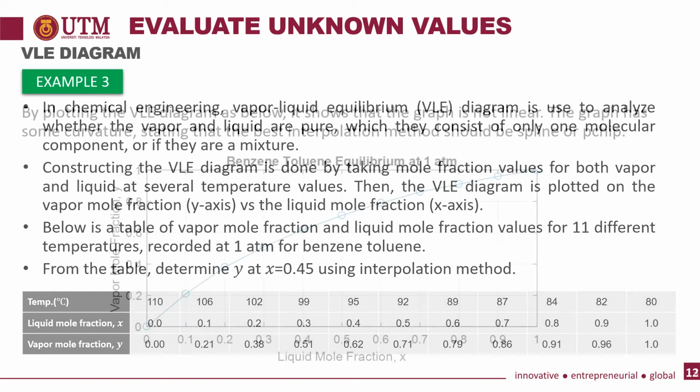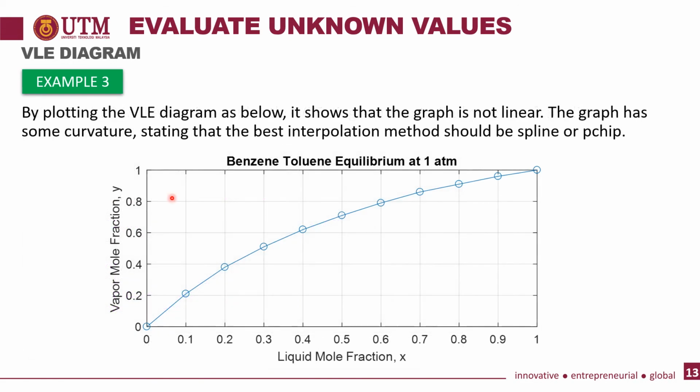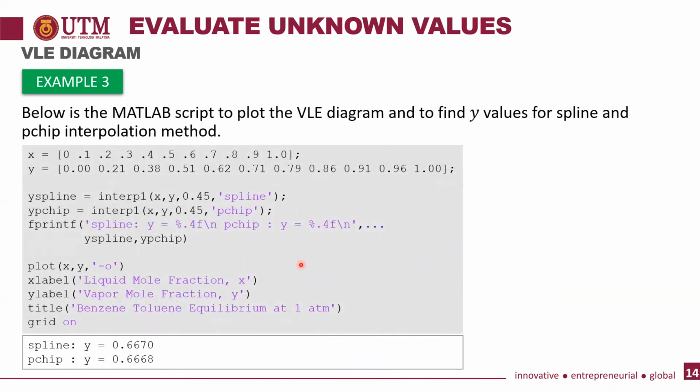So this is x and this is y, and then y spline, where you are using the spline method, interpolated x, y. Also because the question already asks you to find at a specific point, which is x equals 0.45, you just put 0.45 here.